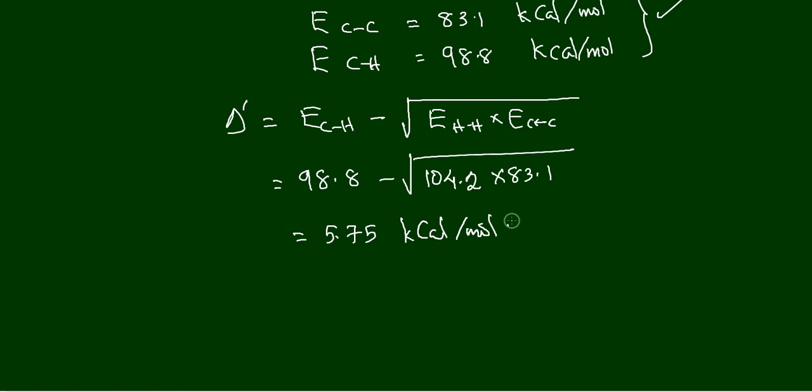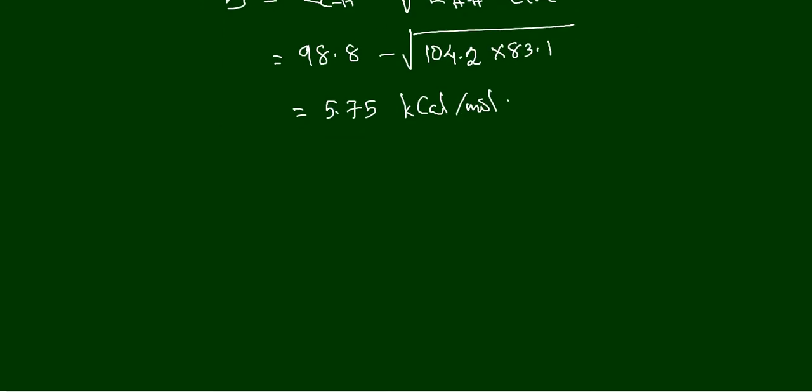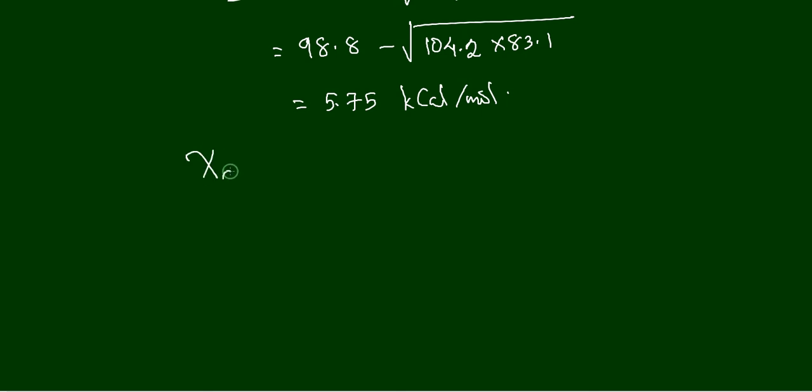So this is the delta dash, and from this we can calculate chi C minus chi H, the electronegativity difference of carbon and hydrogen.